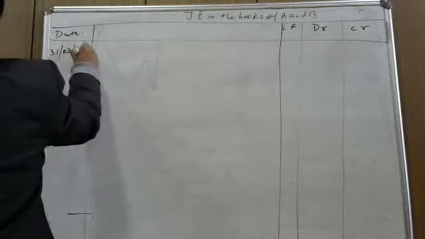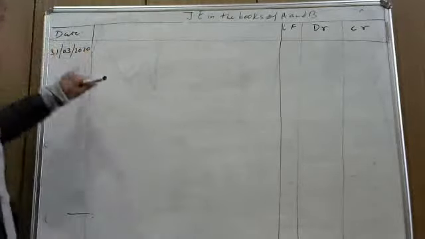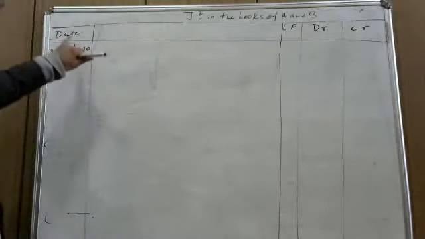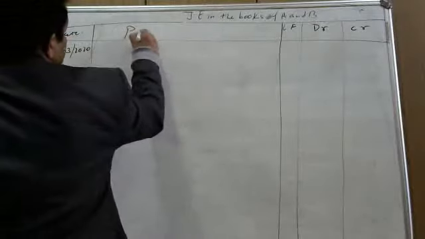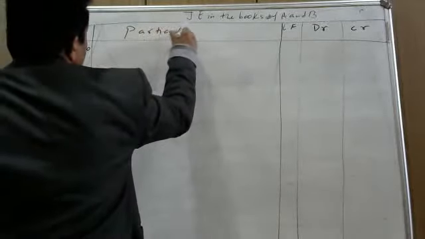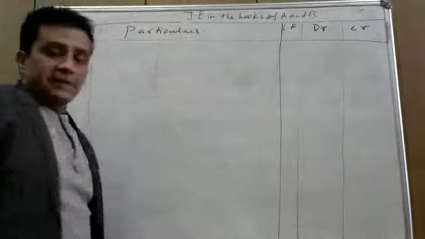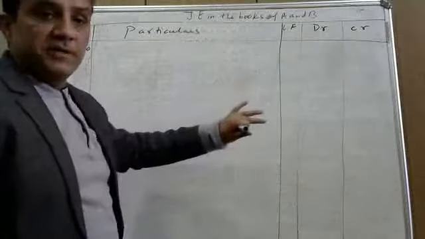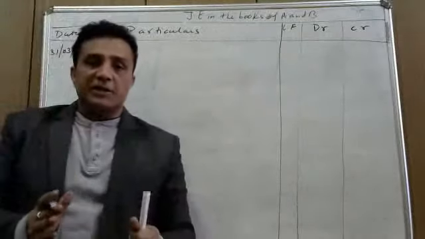We need to pass the entry of 31st March 2020, as the books are closing on that date, and we write particulars. This is the format of a journal entry.